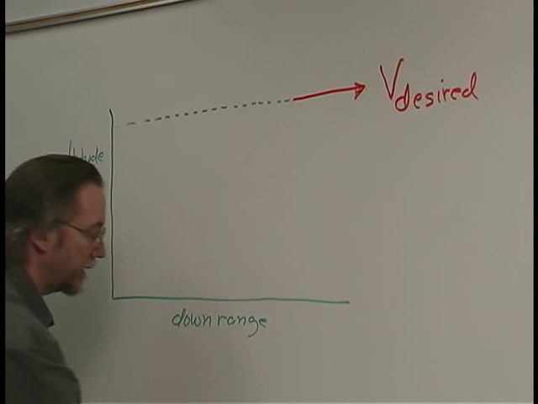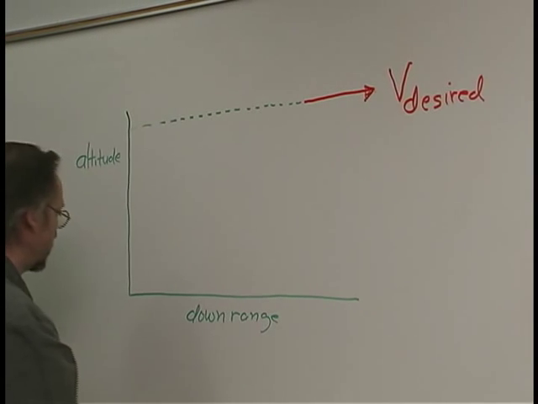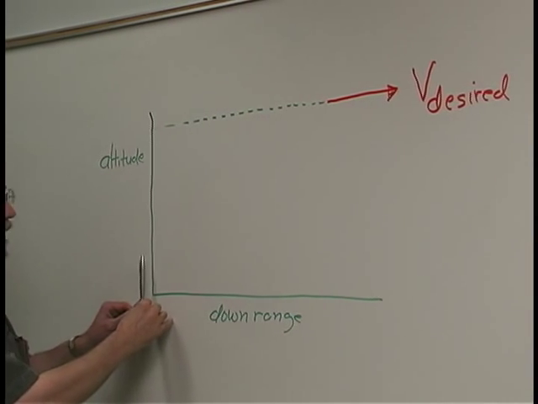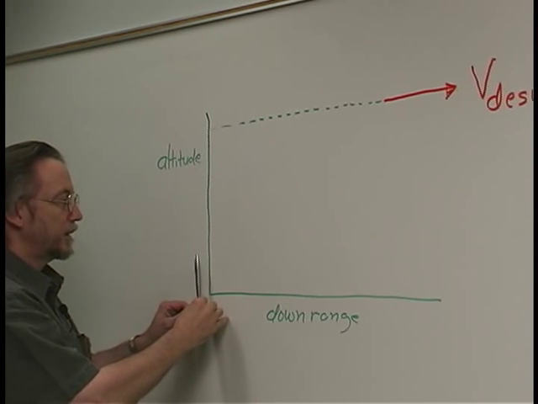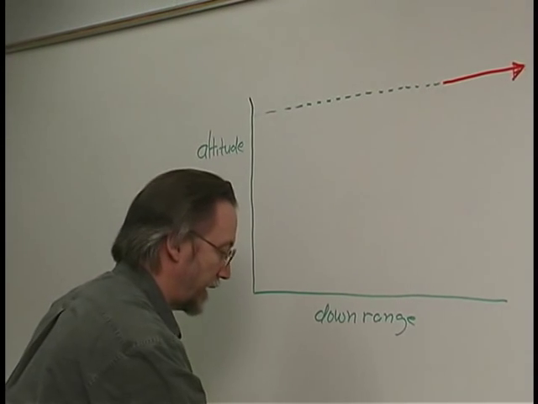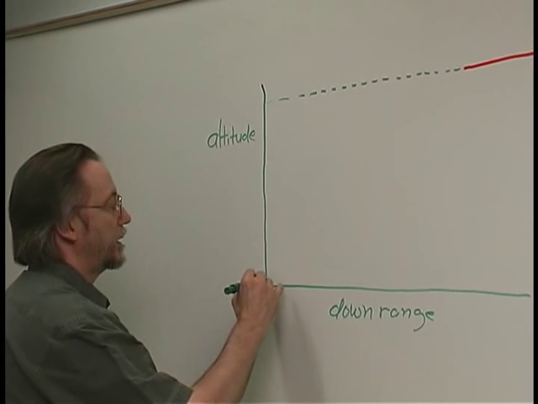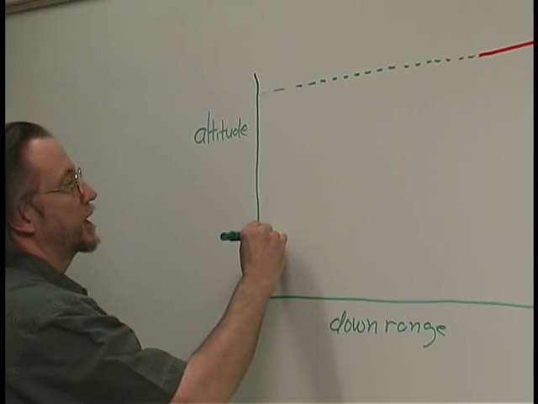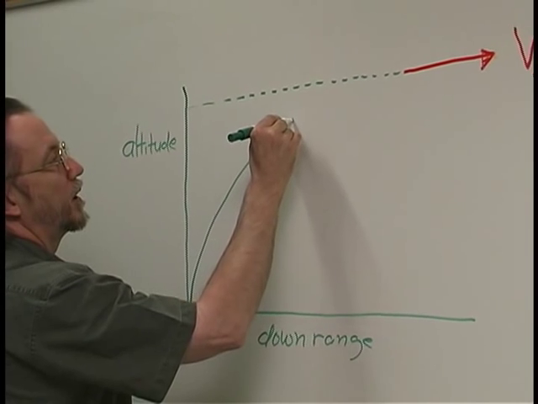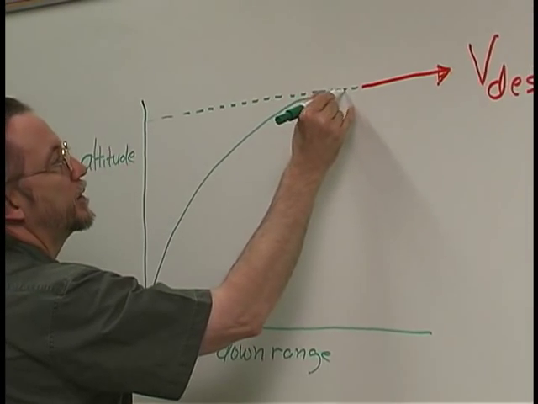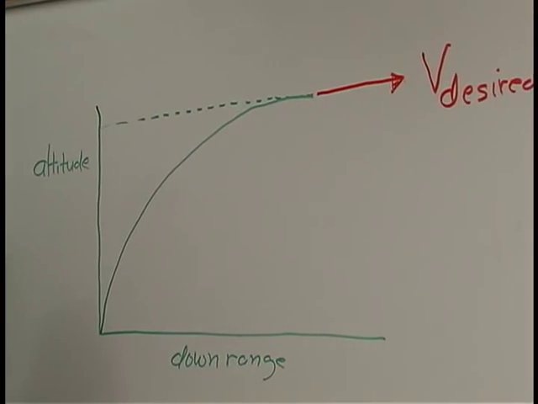When we launch the rocket on an optimal trajectory, it will follow the following path that takes it all the way up to the altitude and velocity we need.